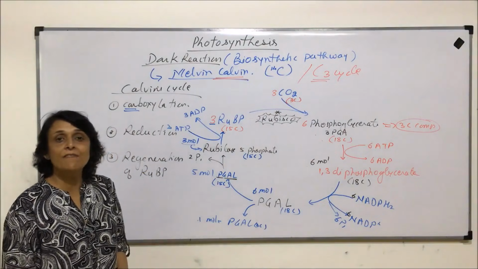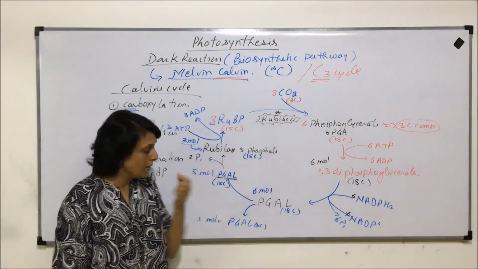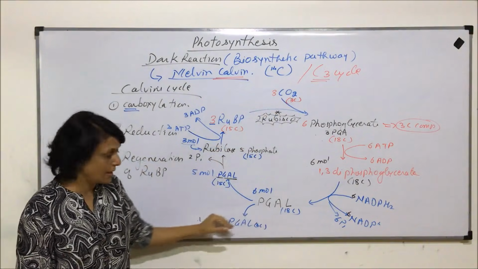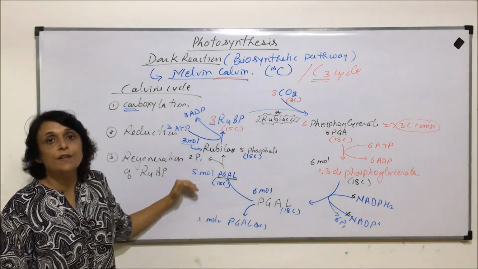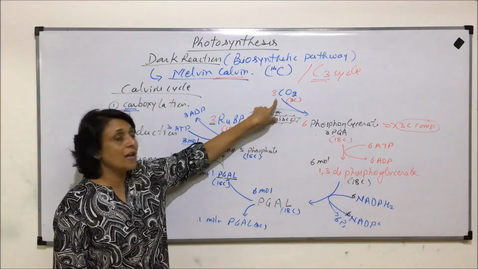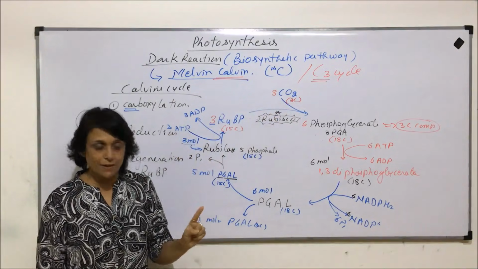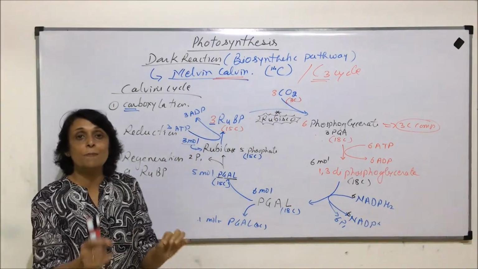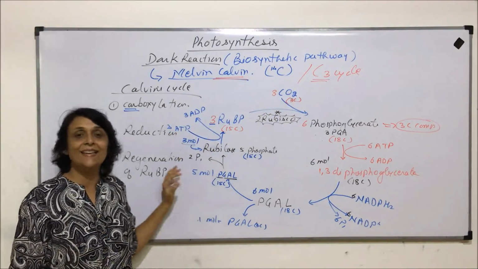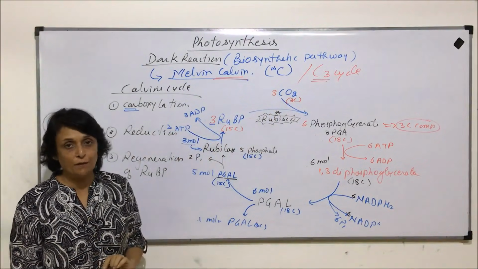Now the reason why we started with 3, because from 6 molecules, separating 1 molecule and 5 looks easier. If we would have started with 1 carbon, we would have been required to separate fractions, and then the calculation part becomes difficult.